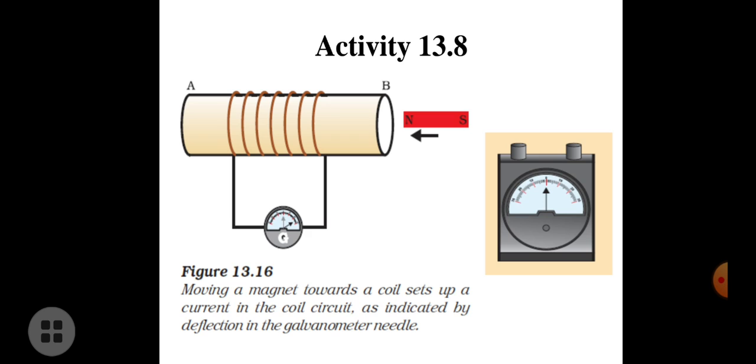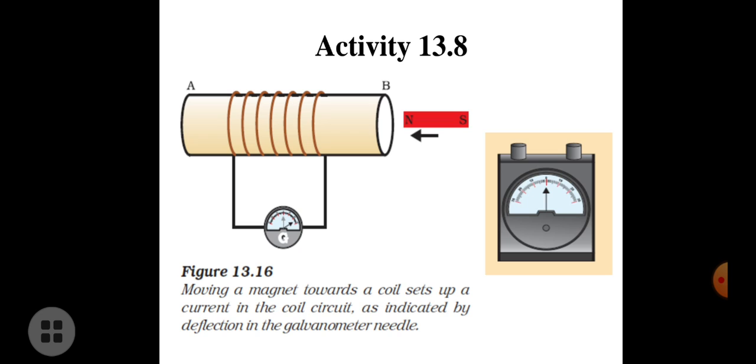And if we take the south pole of the bar magnet away from the coil, again we see a deflection in the galvanometer, opposite to the prior case. So as we are moving this magnet towards or away from the coil, we see deflection in the galvanometer, which means that a current is flowing through the circuit.